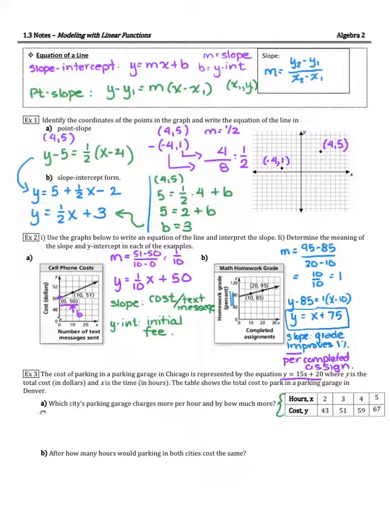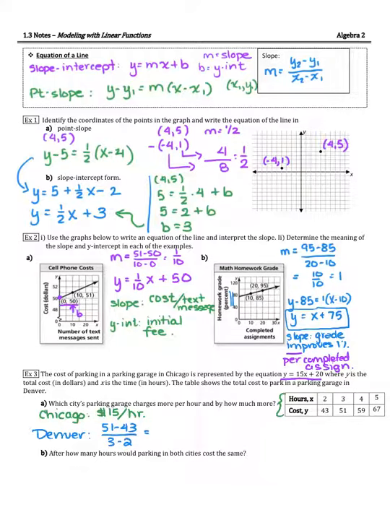So we know that Chicago is charging, the per hour is going to be your slope. So Chicago is being charged $15 per hour. Denver, on the other hand, we're going to have to calculate. So Denver, let's see, we'll go 51 minus 43 over 3 minus 2.